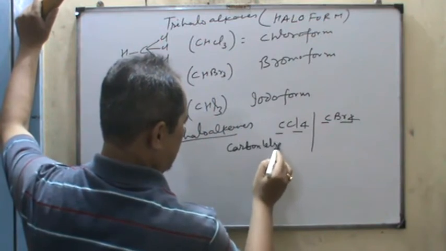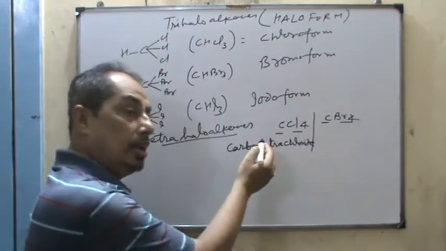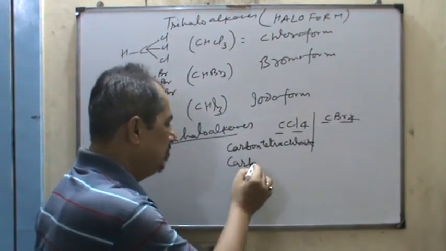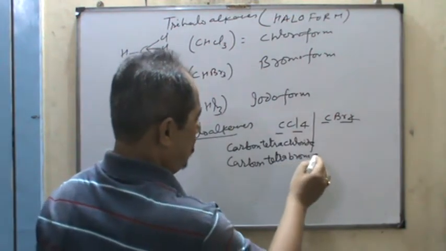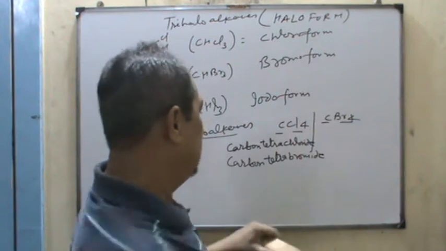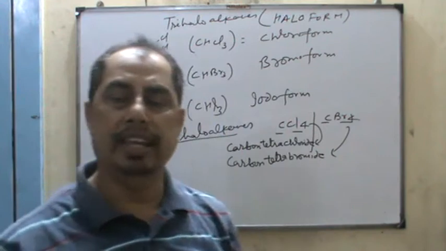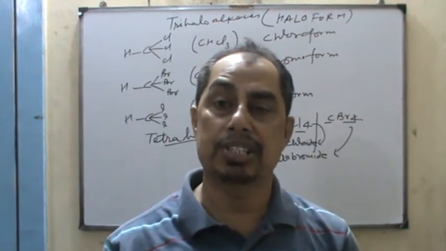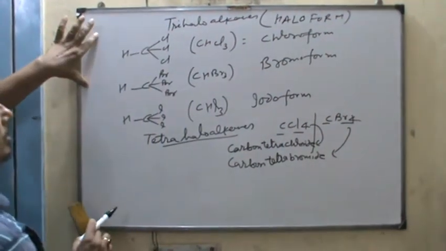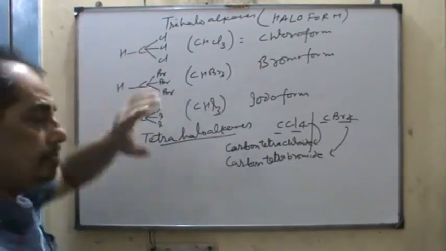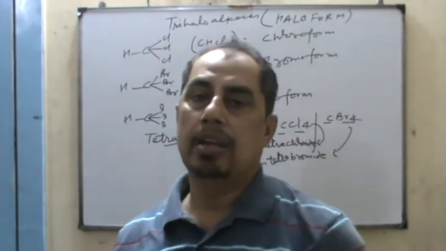CCl4, carbon tetrachloride or tetrachloromethane, is used in fire extinguishers. So these are monohalogen, dihalogen, trihalogen and tetrahalogen.